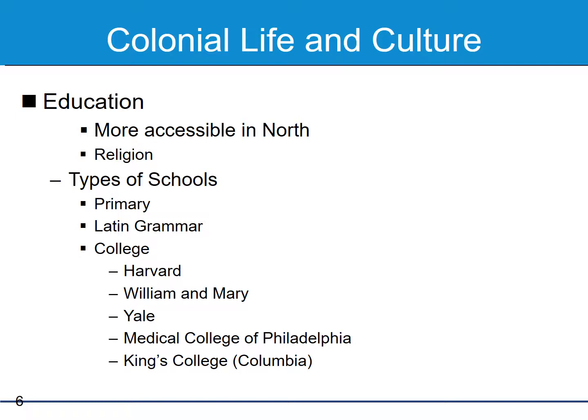And so the Medical College of Philadelphia was created in 1765. It later became part of the University of Pennsylvania. And then in 1767, King's College was established also to study medicine. Today, King's College is Columbia, which is still considered to be one of the major medical colleges in the United States.